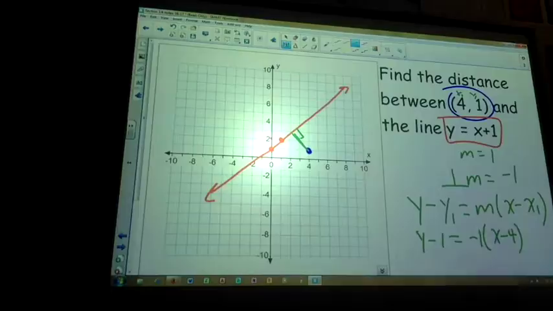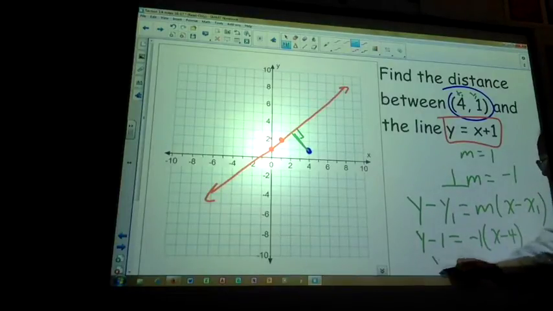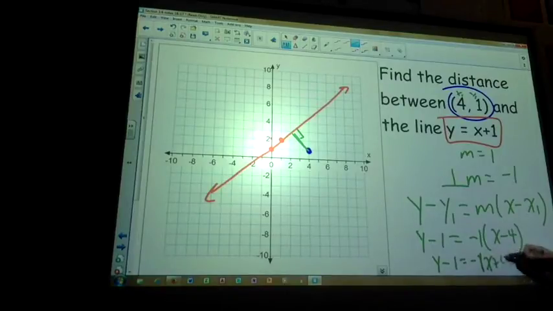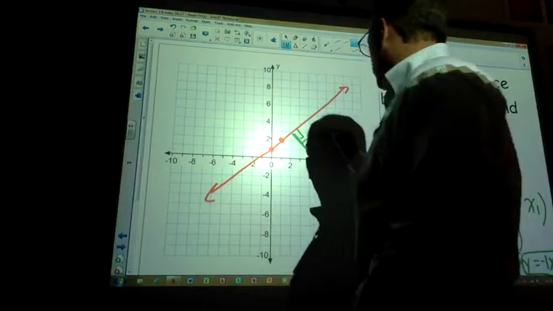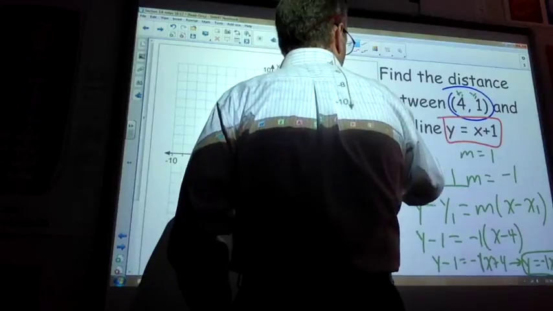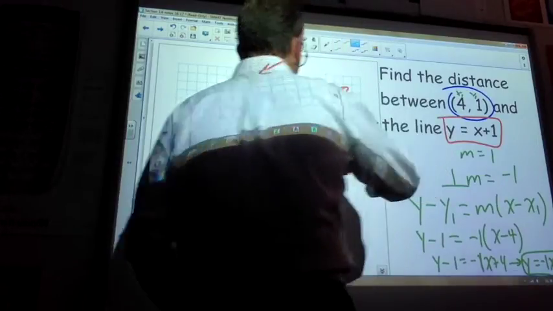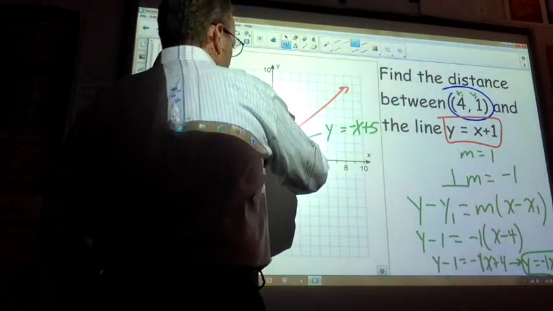Okay. Well, that's my first step. So then maybe I could say this. -1x plus 4, which is the same if I solve this, plus 5. So that I'm just looking for the linear equation of this. So this is the linear equation. y equals -x plus 5. So this would eventually cross up here.